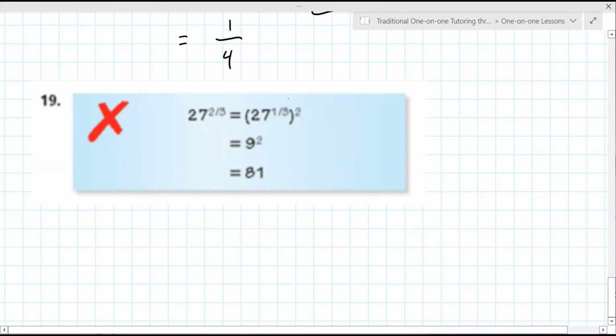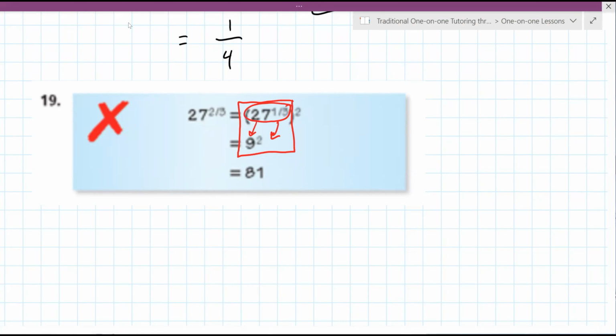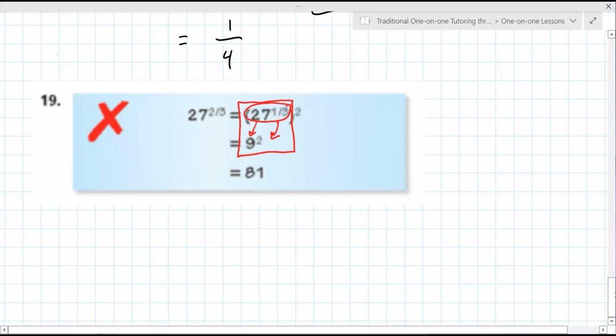So the issue is really from this line to this line, but more specifically, it's going from this 27 to the 1/3 to a 9. Yeah. And I guess I'll just let you think about that for a moment. It is wrong. It is not 9. Yeah. So what should the number be?